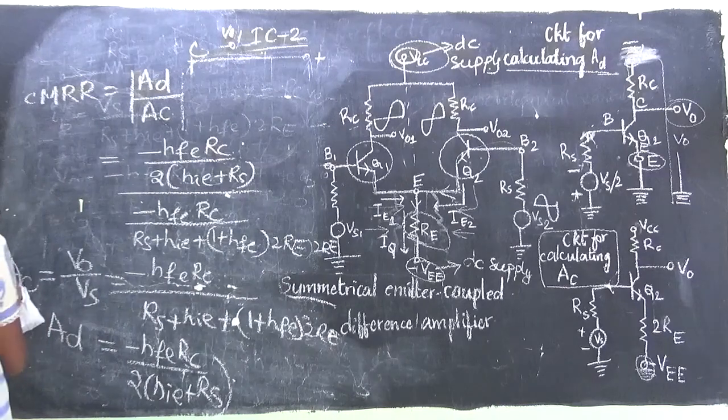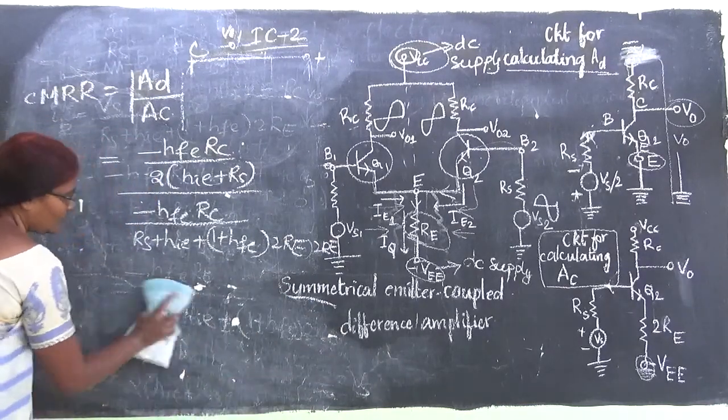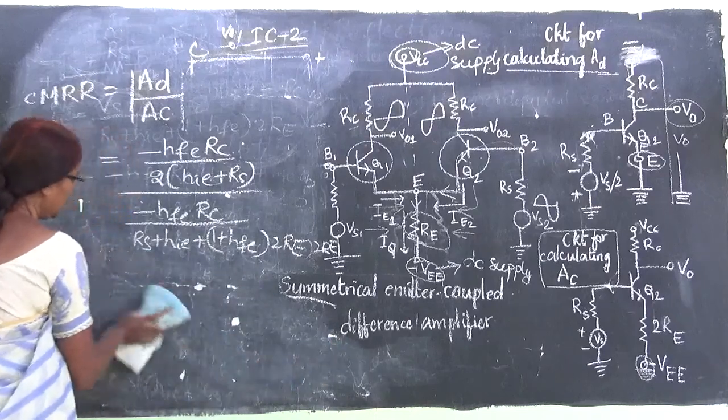So this is my common mode rejection ratio.